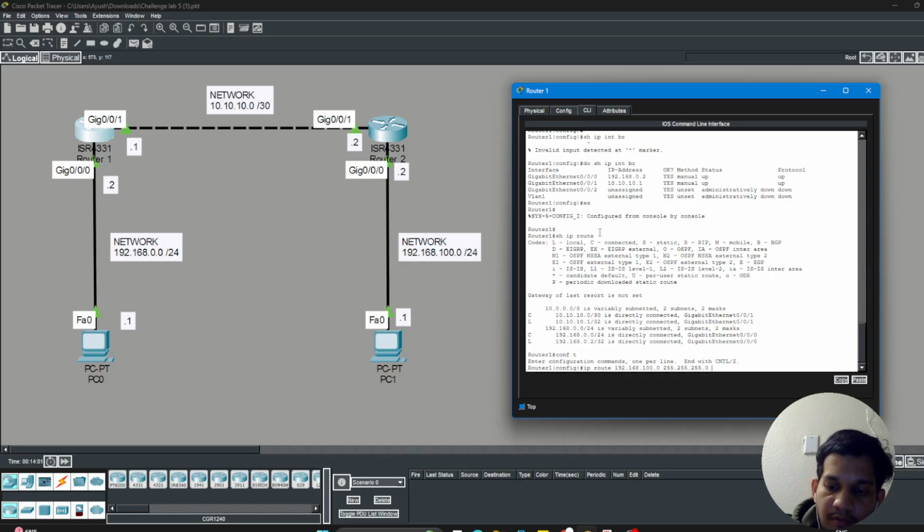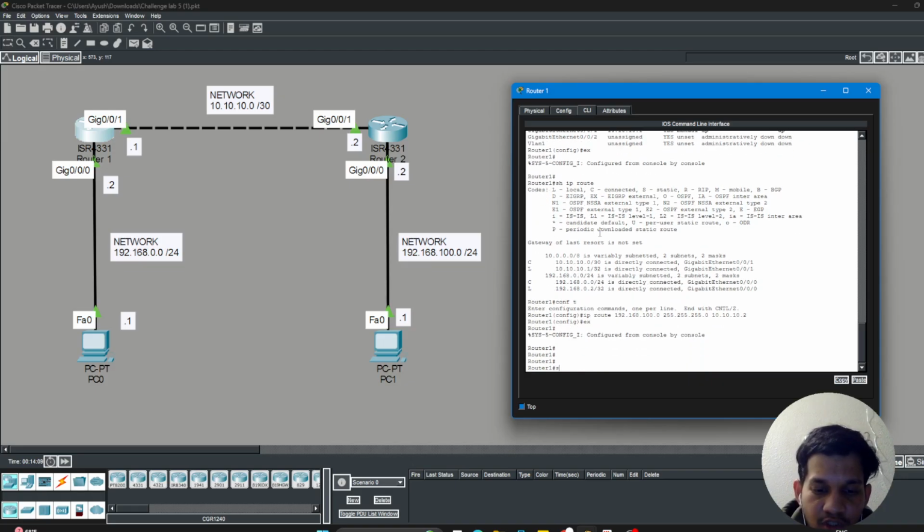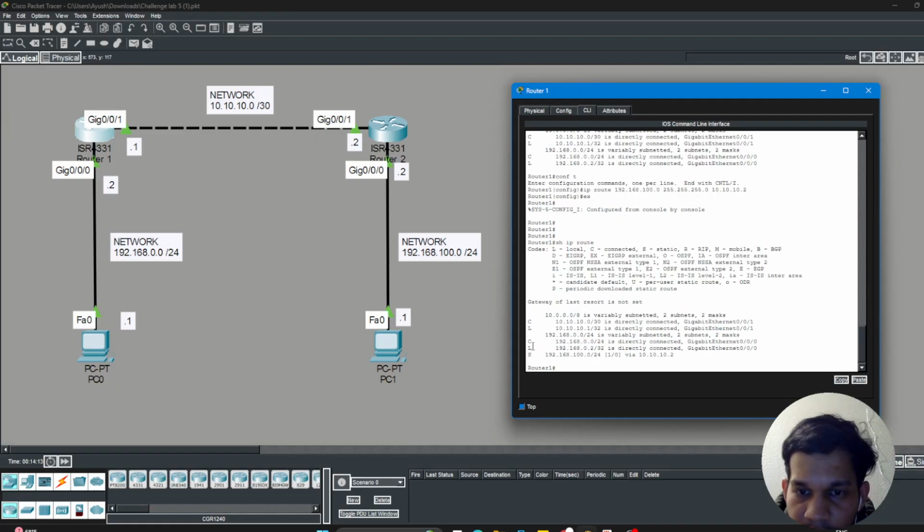So what's the IP? 10.10.10.2. Okay, then exit and see show ip route. As you can see, a static route has been configured. If any packet comes for any IP in this network, it should route through 10.10.10.2.